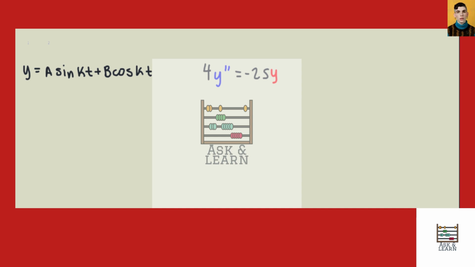So we're going to use our values that we found in part A for k. So first we're going to say k equals positive 5 over 2. So I'm going to plug that into our original y equation.